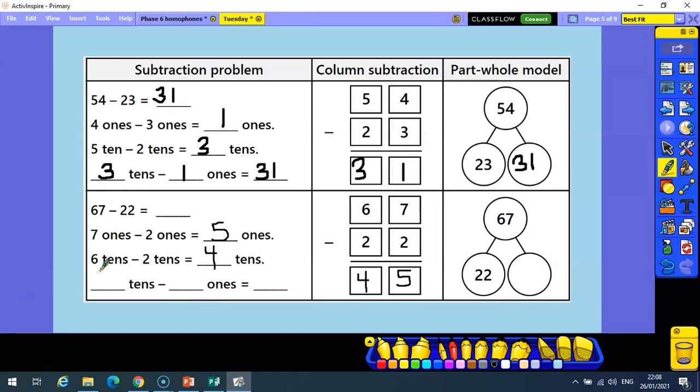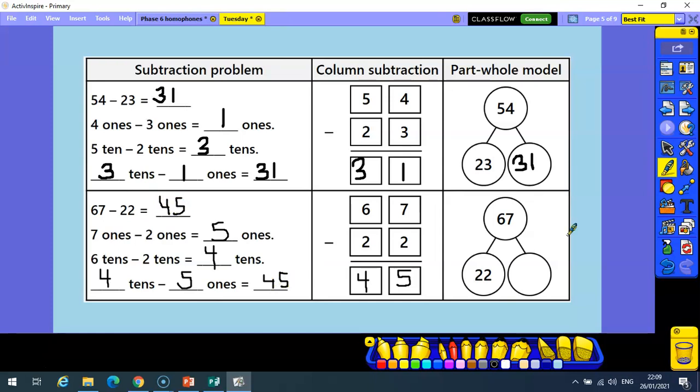So if I put that together then, 4 10s and 5 1s is equal to 45. That's right. Which means my answer is 45.